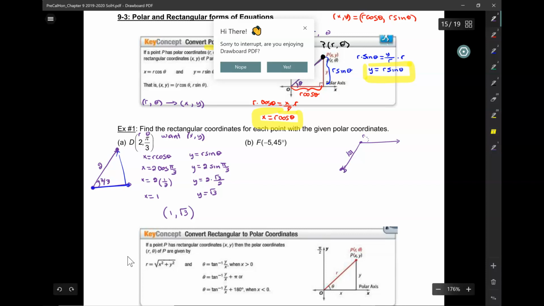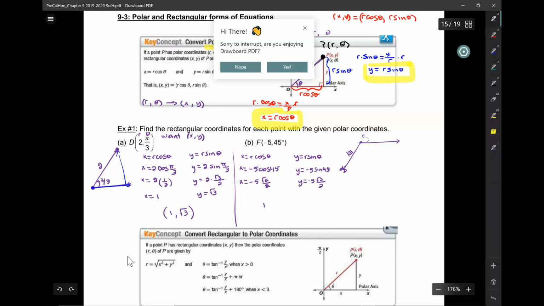Okay, so what we're going to do here is the following. We're going to say x is equal to r cosine theta, y is equal to r sine theta. x is equal to, you've got to keep the negative, -5 cosine 45, so x is -5 root 2 over 2. y is -5 sine 45, which is -5 root 2 over 2.